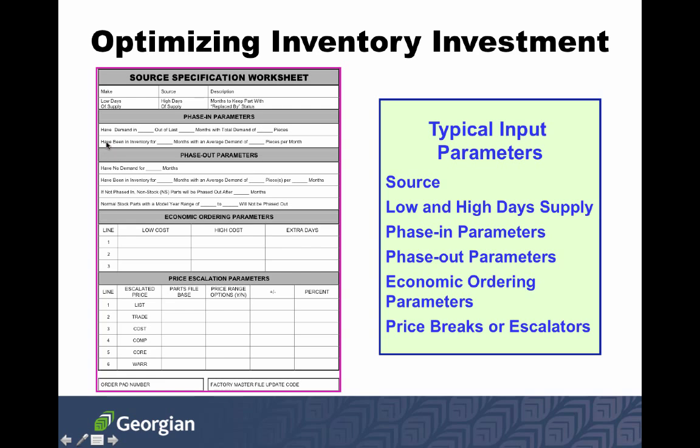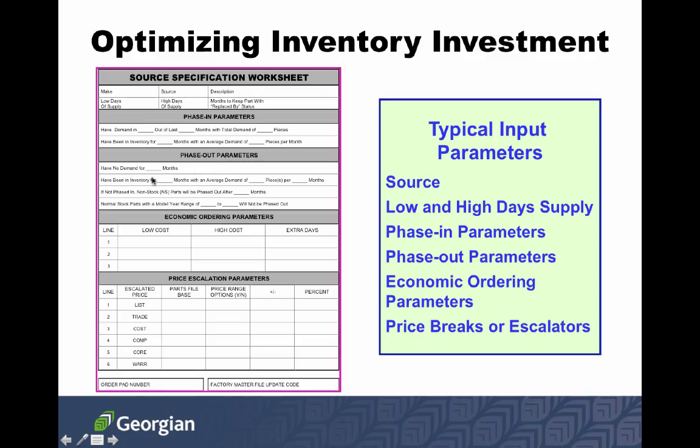And another phase out parameter is has been in inventory for X months with an average demand of X pieces, say 6 months with an average demand of 1 piece. Well, that would be automatic phase out, and you can set that to the number of pieces. Anything less than 3, otherwise it would presumably be considered a potential active part.